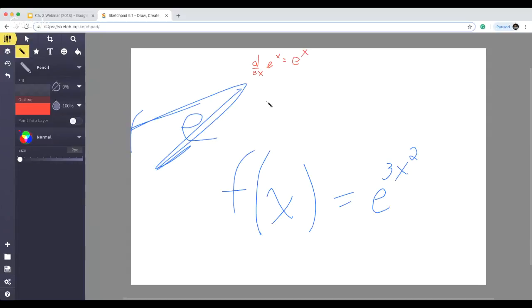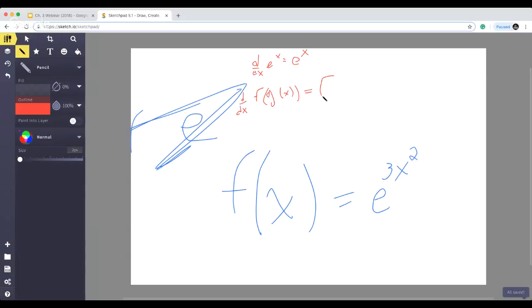It's just e to the x. Now, what the chain rule says is that if you have a function and then you have another function inside of it, so basically it's not just x inside the function, you might have some g of x standing for another expression or function.